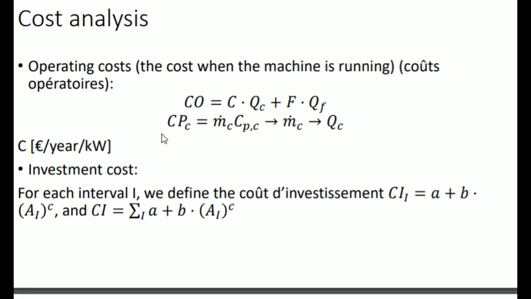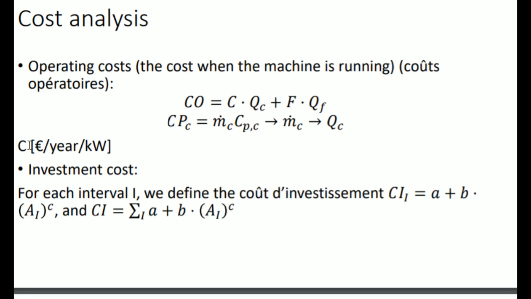Now it's very simple to get the values of the QC, because since we know the CPC, and we can know the value of CPC by just looking at the tables of the calorific capacity, we get the massic flow, and with the volumic mass you can get the volumic flow.